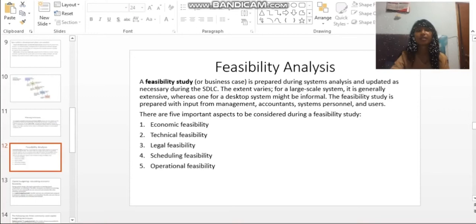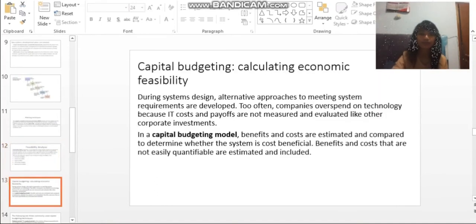The feasibility study is prepared with input from management, accountants, system personnel, and users. There are five important aspects to be considered during a feasibility study. First, economic feasibility. Second, technical. Third, legal. Fourth, scheduling. And fifth, operational feasibility.